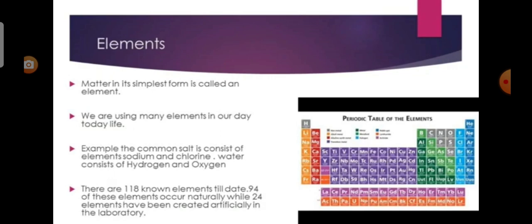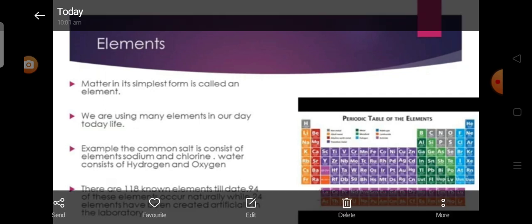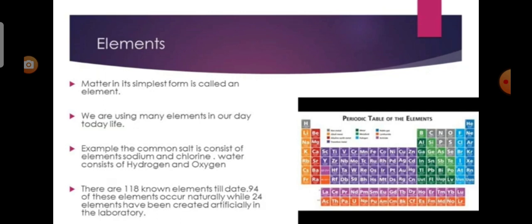Now we see about the elements. Matter in its simplest form is called an element. We are using many elements in our daily life. Common salt consists of the elements sodium and chlorine. Water consists of hydrogen and oxygen. Magnesium and phosphorus are used for making crackers.